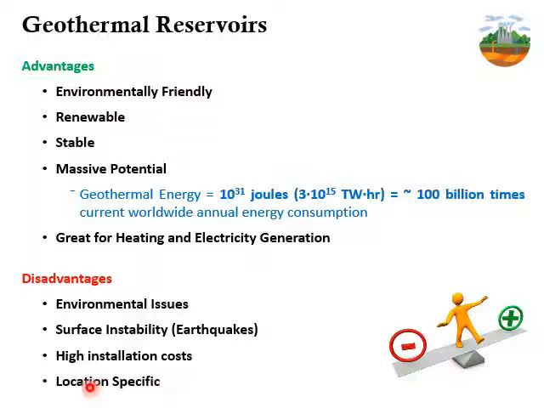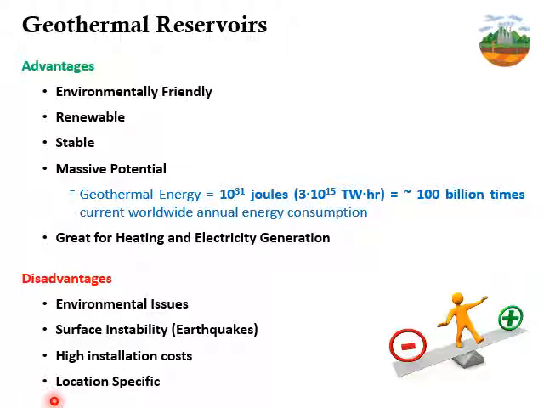You cannot have this energy at any point because usually the surface temperature is quite low until a certain level. So most of the surfaces available in Pakistan and on the planet are not hot enough at reachable depths.